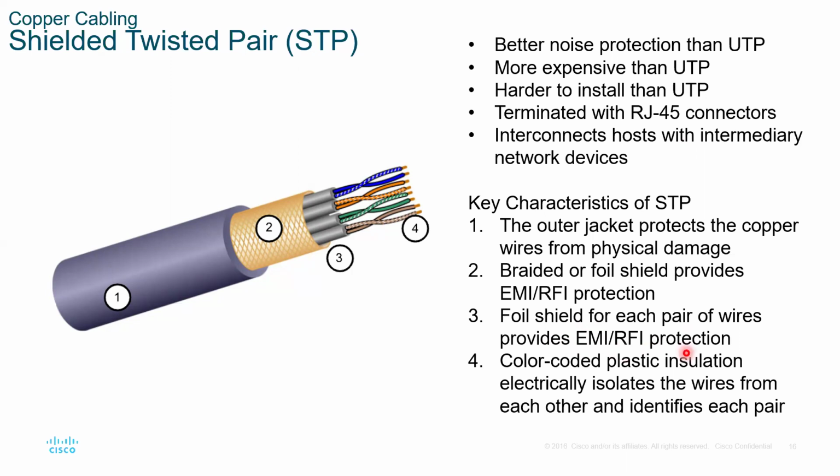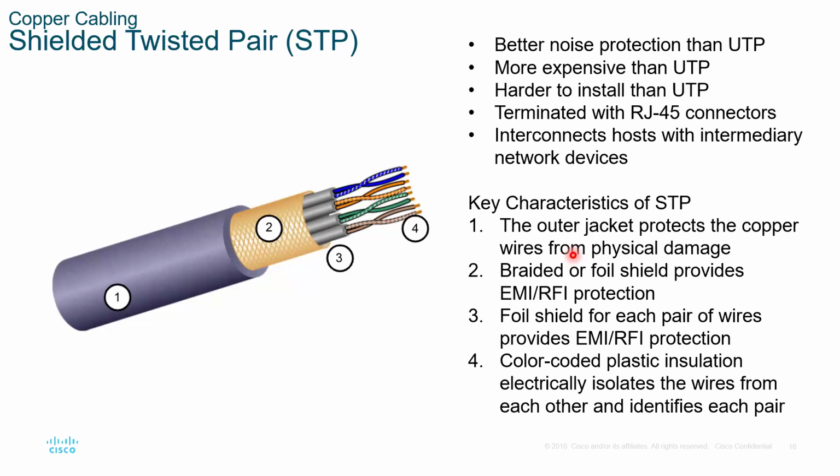The other one has no shield, but this STP shields the twisted pairs. It has a shield, but that comes with some disadvantages. It can be costly. Yes, it's effective, with less loss, less EMI and less interference, but it is very costly and very difficult to install as well.